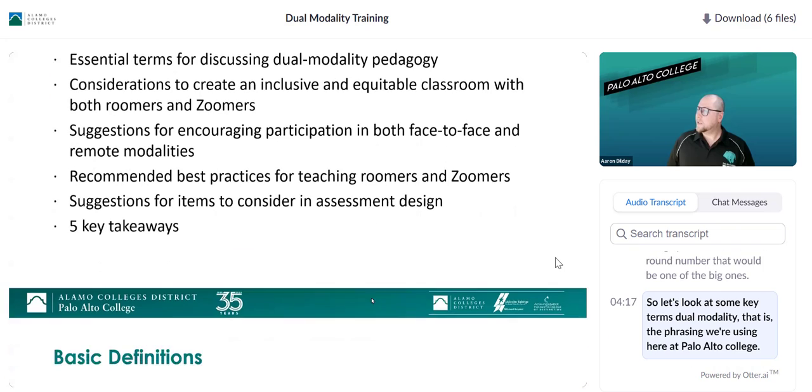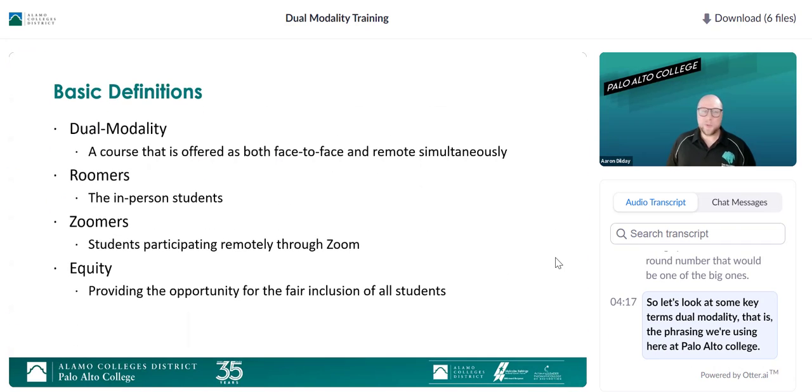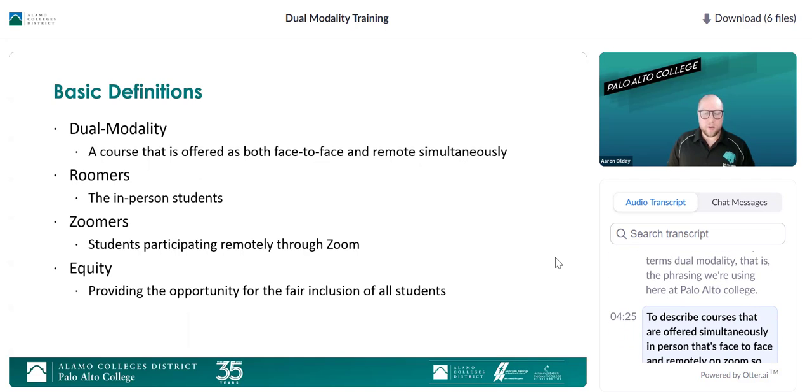So let's look at some key terms. Dual modality is the phrasing we're using here at Palo Alto College to describe courses that are offered simultaneously in person, that's face-to-face, and remotely on Zoom. So that's when you have students in the classroom and students on Zoom at the same time.